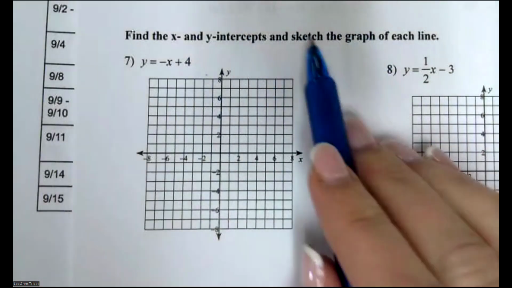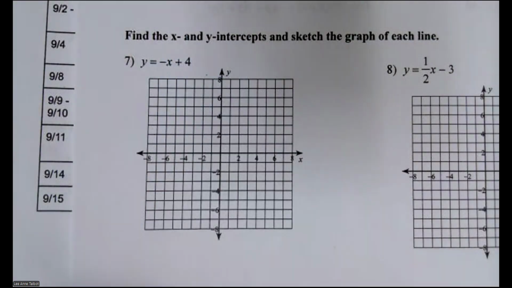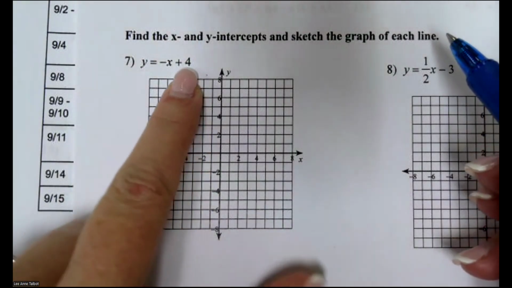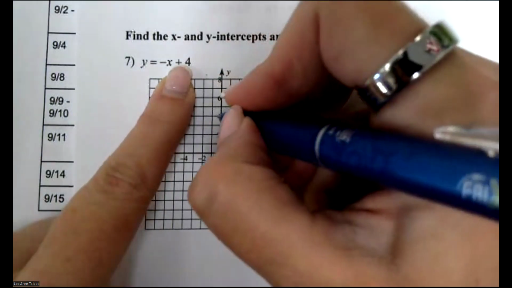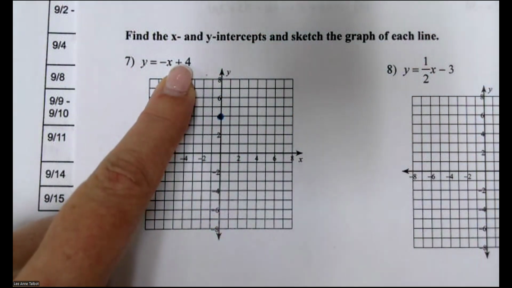And I'm going to do number 7 backwards. I'm going to sketch the line first and then find the x and y intercepts off of my graph. So I want to remind you how to graph a line. You start with the y-intercept, so it's mx plus b. b is 4, so go to 4 on the y-axis and make a dot.